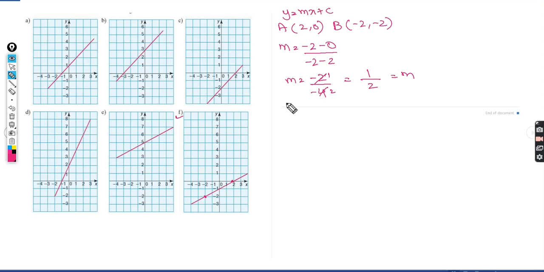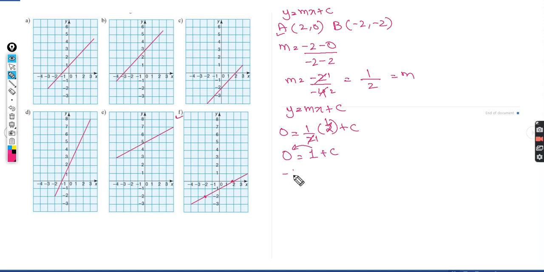Now when we are done with this, let's write this equation once again. y equals mx plus c. Let's take point A now. So 0 equals half x plus c. Instead of x we write 2, instead of y we write 0 when we're taking point A. So 0 equals 1 plus c.